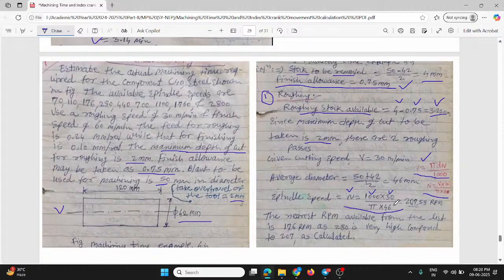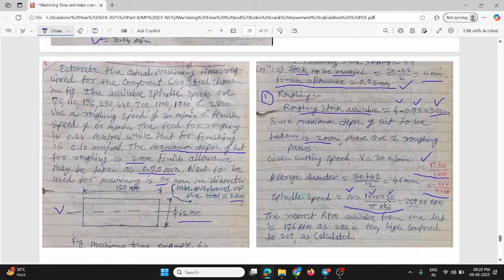So what is D? Basically in the roughing cut, 2 roughing passes are going to be there. So the D we are going to take is the average diameter, because 2 roughing passes are going to be there.